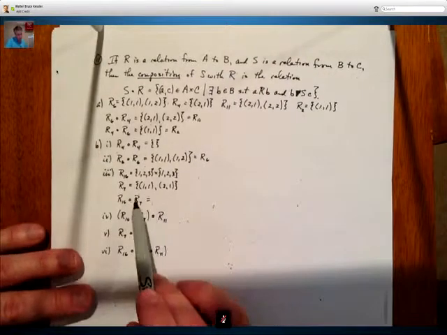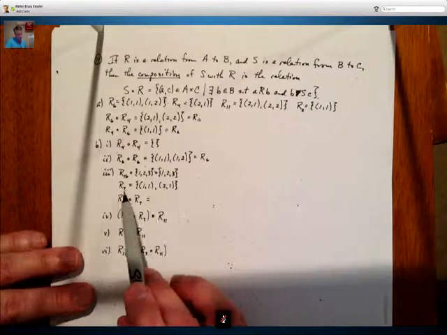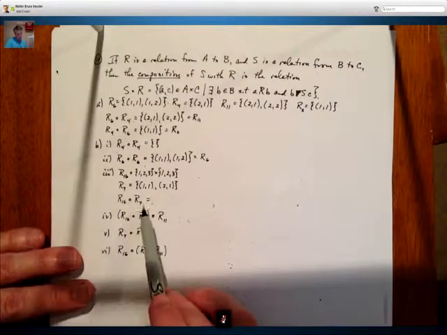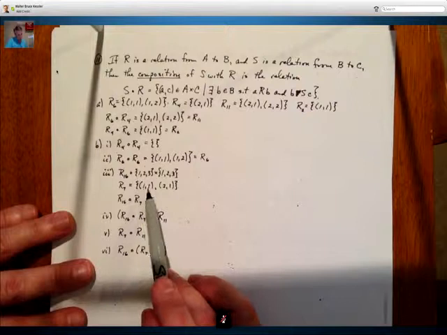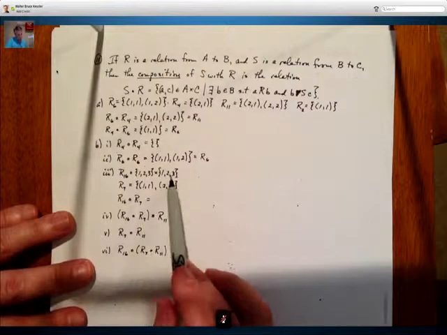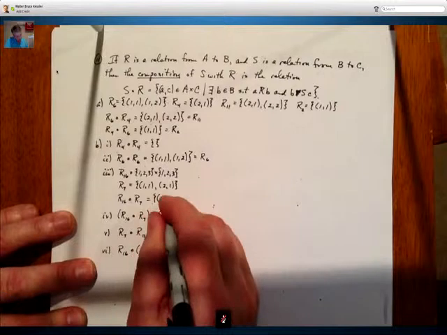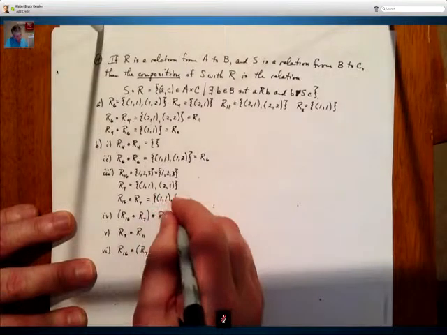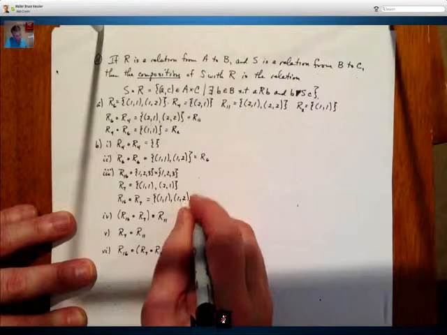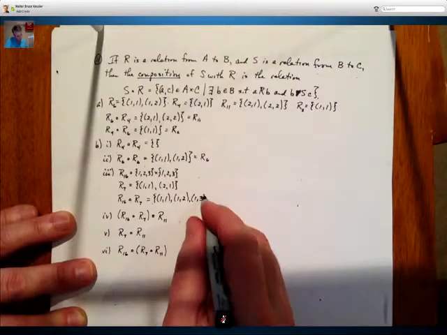R16 is the entire Cartesian product. R7 has these two elements in it, so if we do a composition with R7 we've got 1 mapped to 1, and then here 1 is mapped to everything.